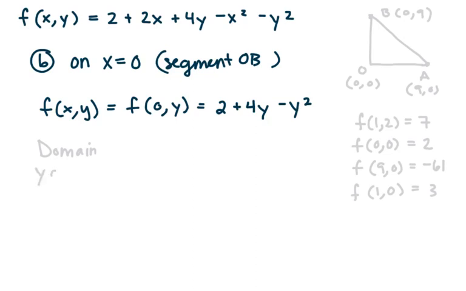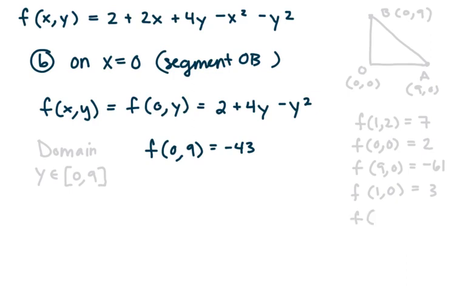Those y values only exist between 0 and 9. Now, we already looked at 0, 0, so I don't need to plug that in. I've already got that value here. But I do need to look at this endpoint B, which is the ordered pair 0, 9. So f of 0, 9, if I plug that into my original function, my 0 and 9 for x and y respectively, I get out negative 43.